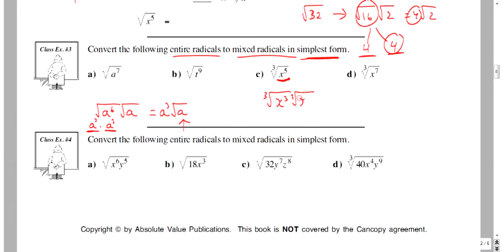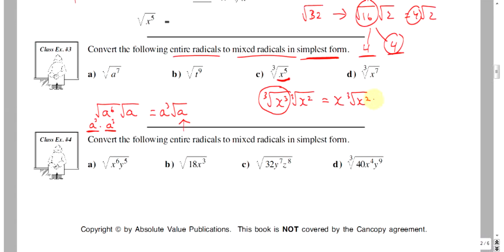Cube root of, is that the same thing? If I multiply these, I get that, yeah. And is there a number multiplied by itself 3 times to give me x cubed? Yes, it's x times the cube root of x squared. Okay?